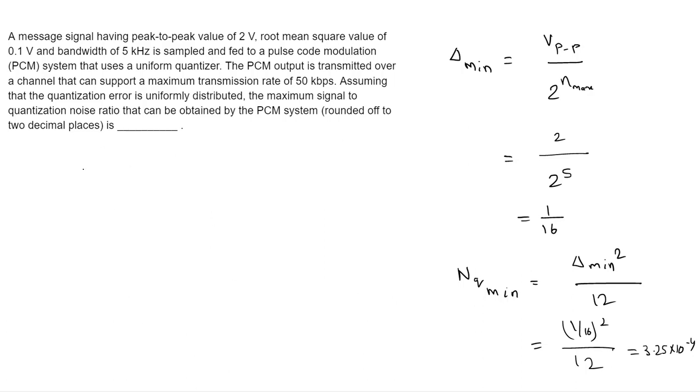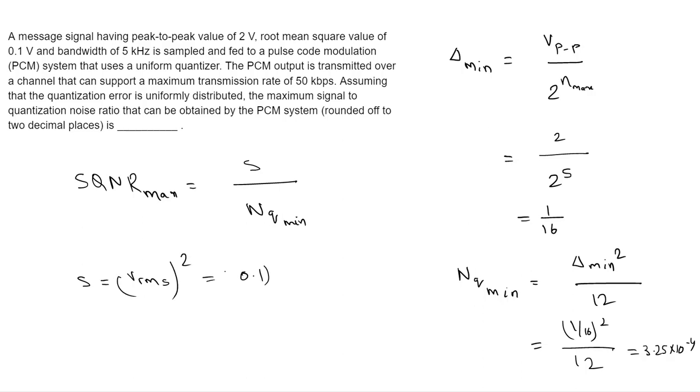We have been asked to find the maximum signal to quantization noise ratio. So SQNR max must be equal to signal power by NQ minimum. Signal power can be found out from the RMS voltage given, and it is 0.1 whole square, equals 0.01, and NQ min we have already found to be 3.25 into 10 to the power minus 4.